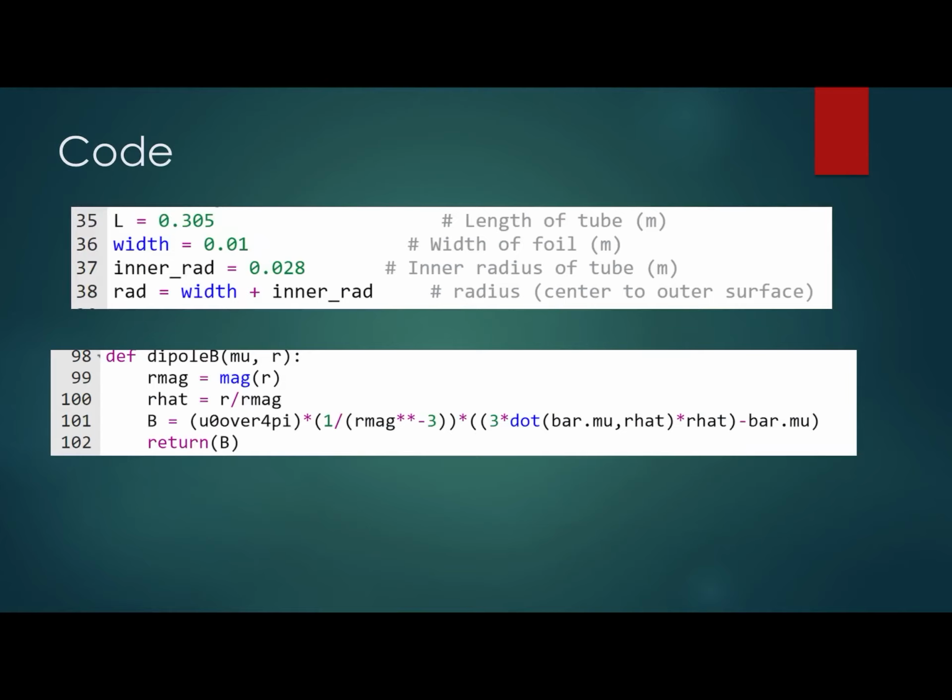So for my code, I started by entering the values of my aluminum foil tube, and then defining a function that calculates the magnetic field of a magnetic dipole.